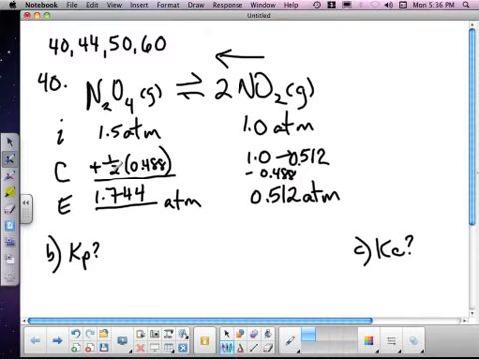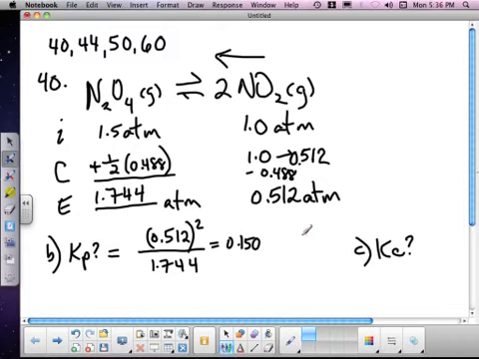And so I added half of 0.488 due to stoichiometry, and this is what I ended up with. And then to solve for Kp, I just take my products, squared for that 2 in front, over the 1.744, and I end up with 0.150 as my Kp.